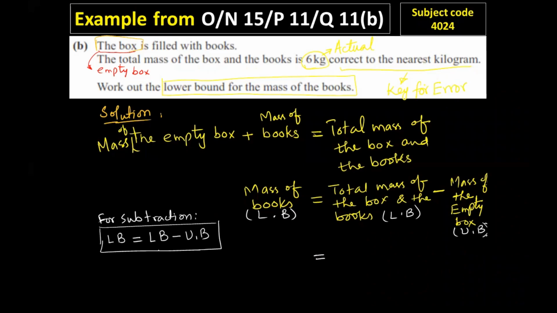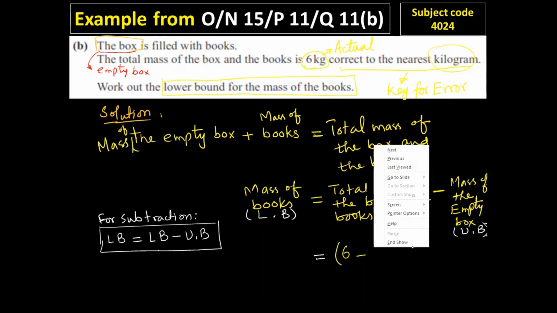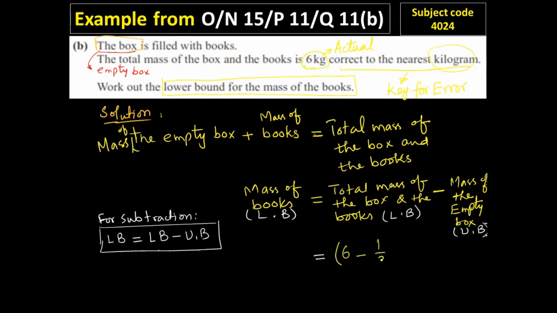As you know, the error is half of 1 kilogram, which is 0.5 kilogram. So actual minus error. Actual is 6 minus half of 1 kilogram, which is 1 over 2, minus the mass of the empty box.